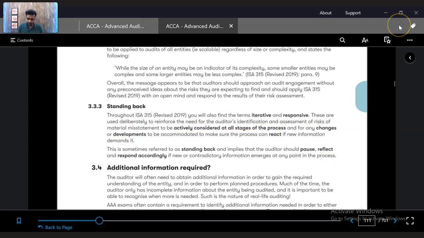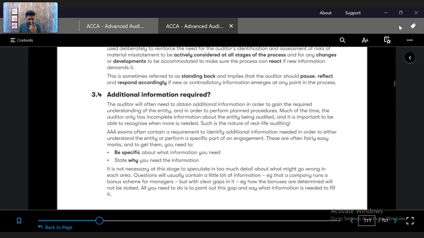One more thing I would like to talk about is additional information. In AAA exams, there could be situations given in the scenario, or situations not given in the scenario. You would be asked to identify the risk, but not enough information is given with respect to a specific risk, and you need more information.